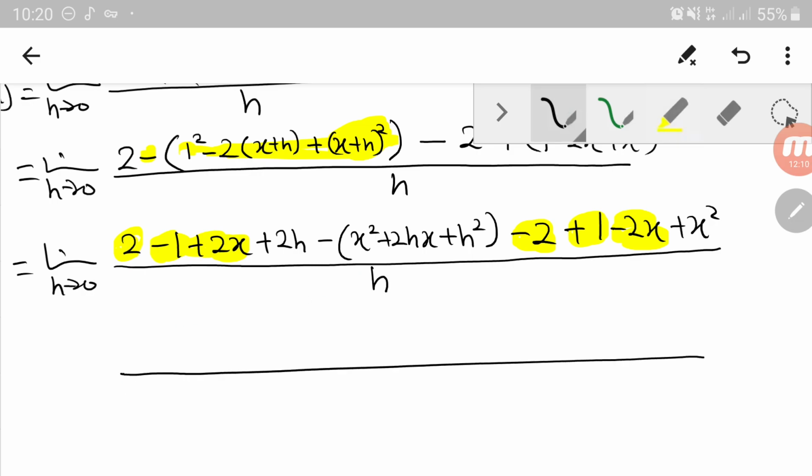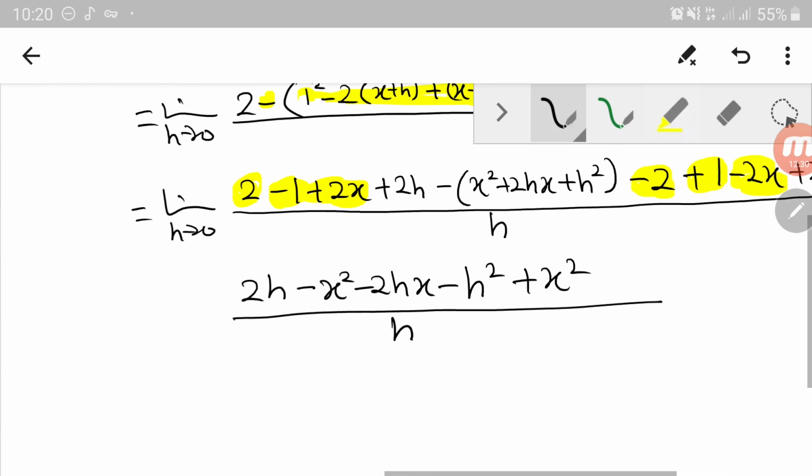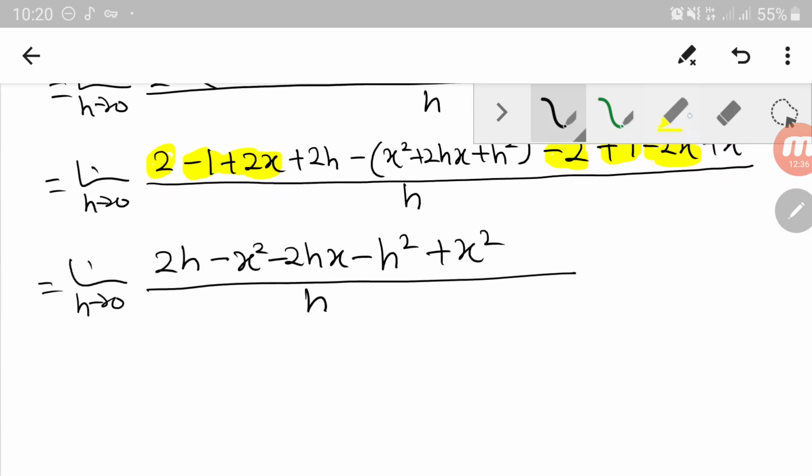So it leaves us with 2h minus x minus 2hx minus h squared plus x squared over h, limit h approaching 0.